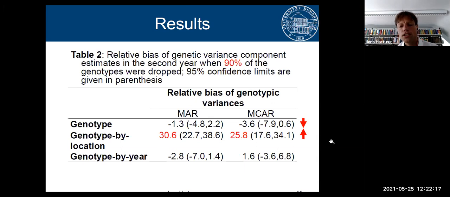But what you can also see is that the trend in genotype variance and genotype by location variance is the same. It's a downward bias for the genotype variance and an upward bias for genotype by location variance. Now, genotype by location is highly significant, and it's a huge bias in variance components. It's 25%. It's a huge bias.